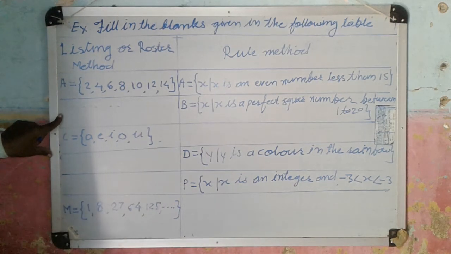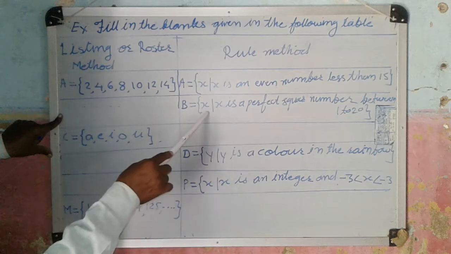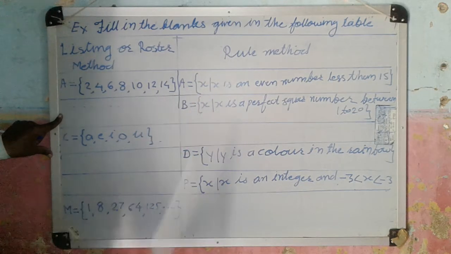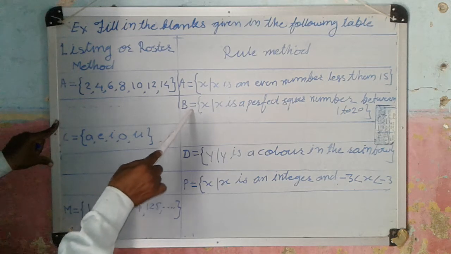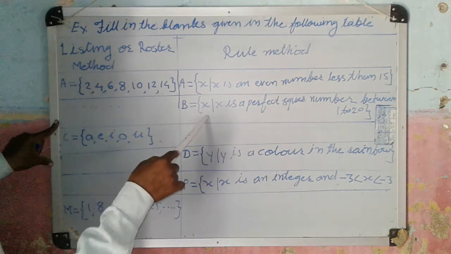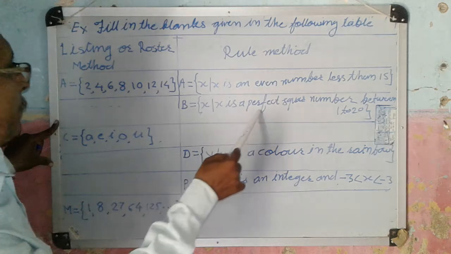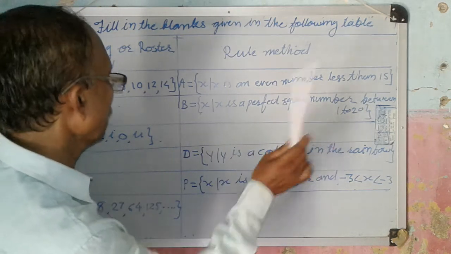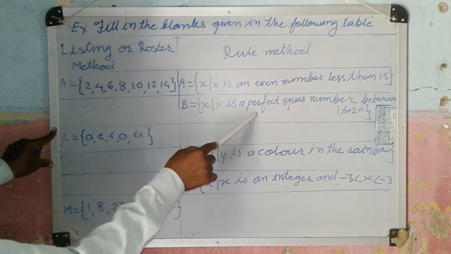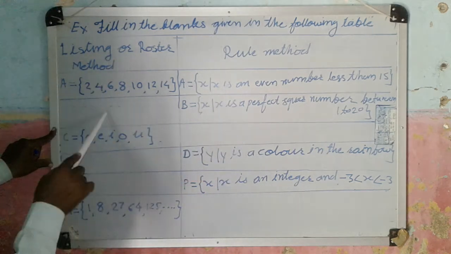Now, in second example here, the set is given in rule method. The set B is the set of all x such that x is a perfect square number between 1 to 20. Now you have to write this set by listing method here.